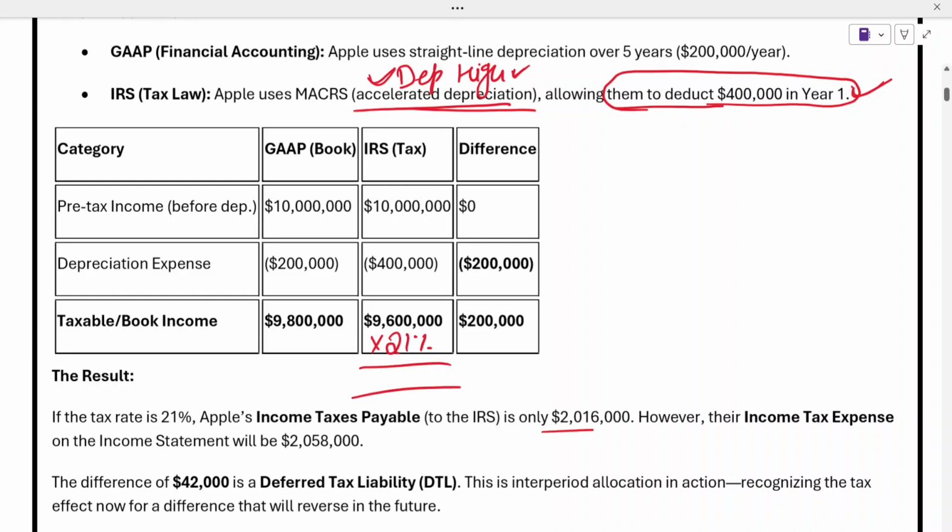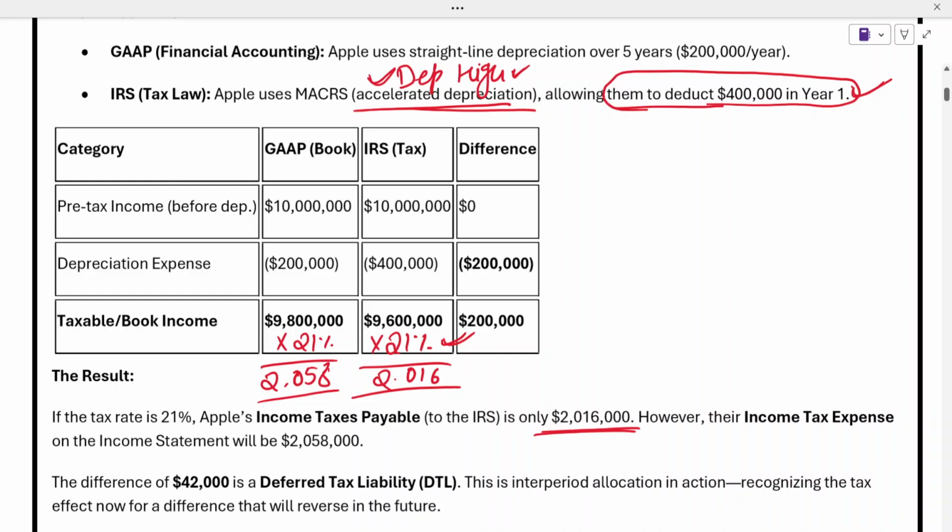However, their income tax expense on the income statement will be 2.058 million, because their books will show 21% taxes on the book income, and as per income tax it will be 2.016 million.